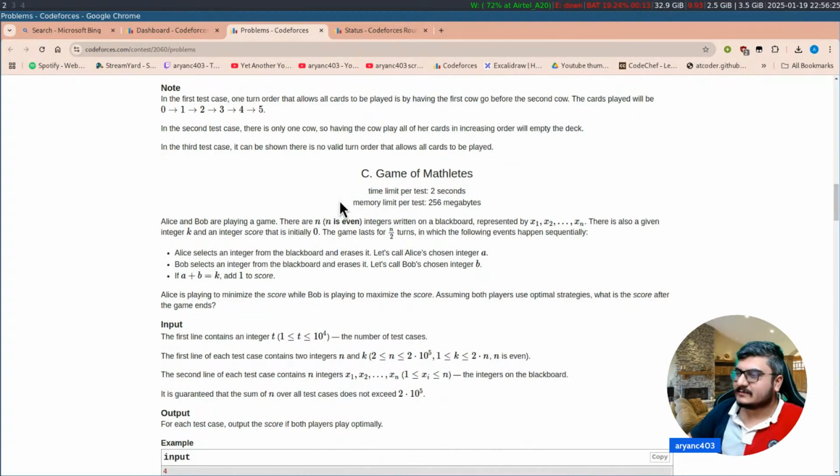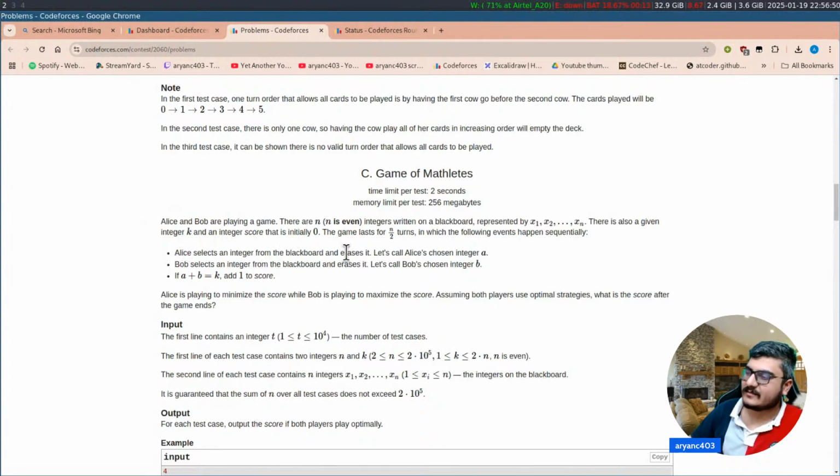Game of Mathletes. Alice and Bob are playing a game. There are n integers, where n is even, written on the blackboard, represented by x1, x2, x3 up to xn. There is also a given integer k. And a score that is initially 0. The game lasts n by 2 turns in which the following events happen sequentially.